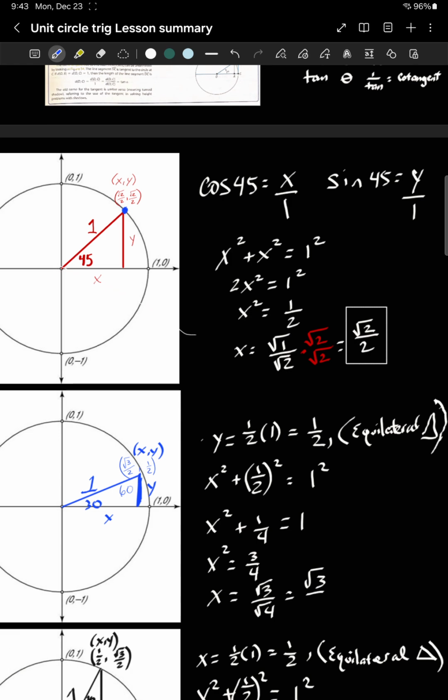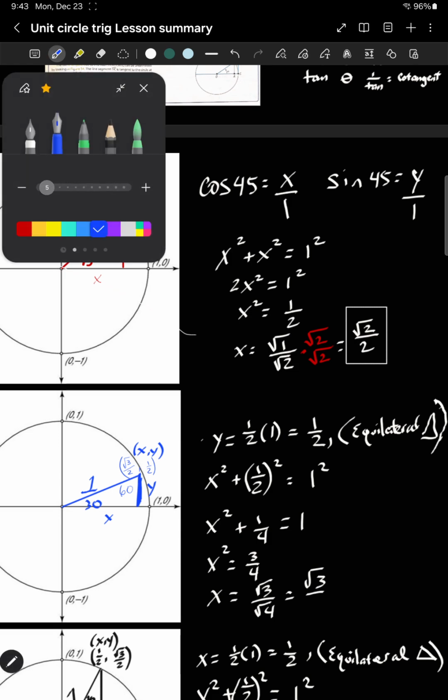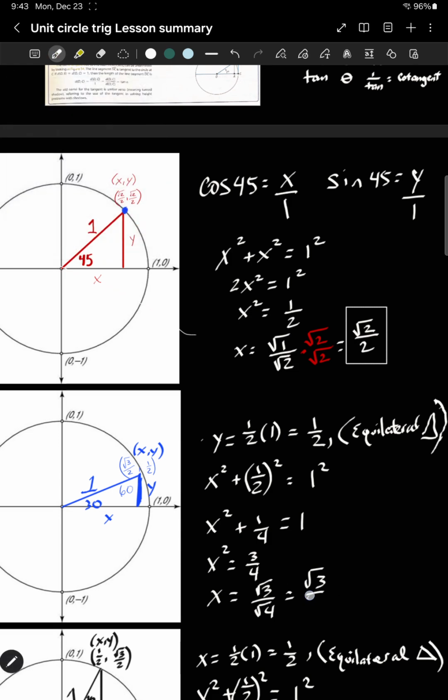If we plug in 1/2, we can figure out that the x value is going to be the square root of 3 over 2. Okay, square root of 3 over 2. And so now we have our coordinates for that.